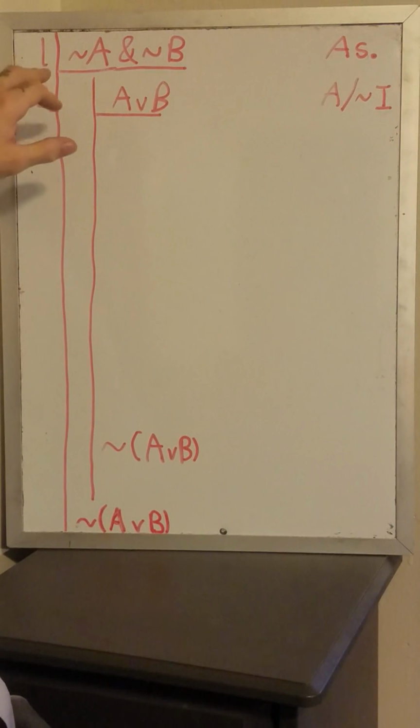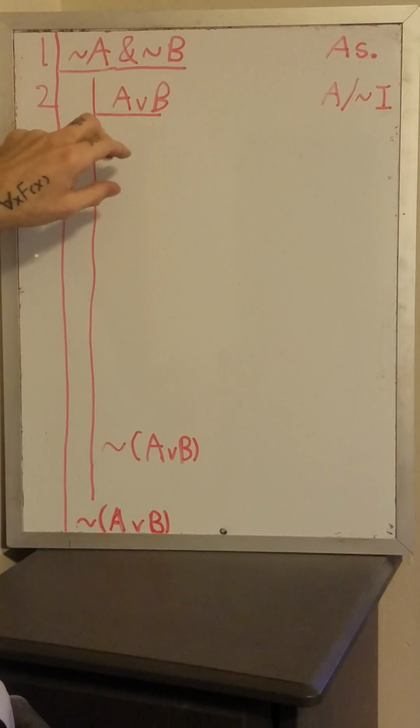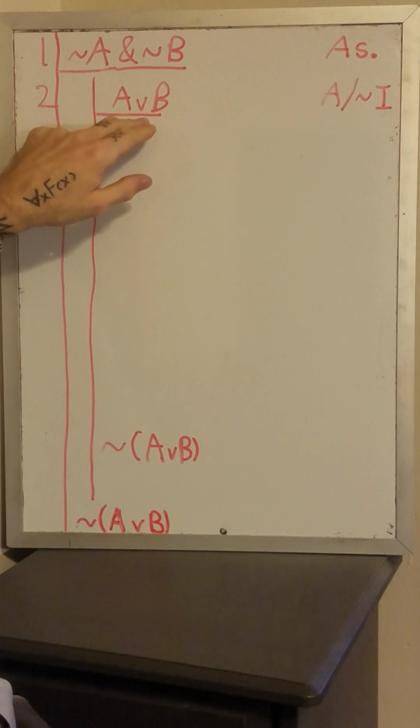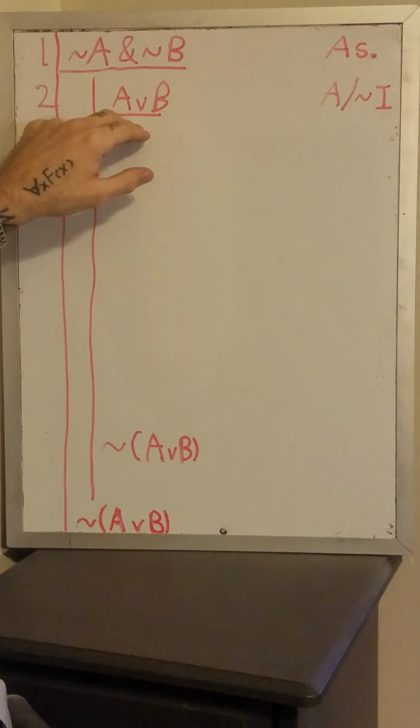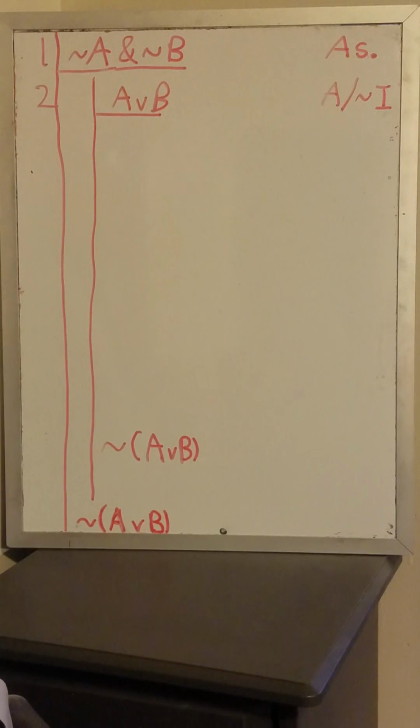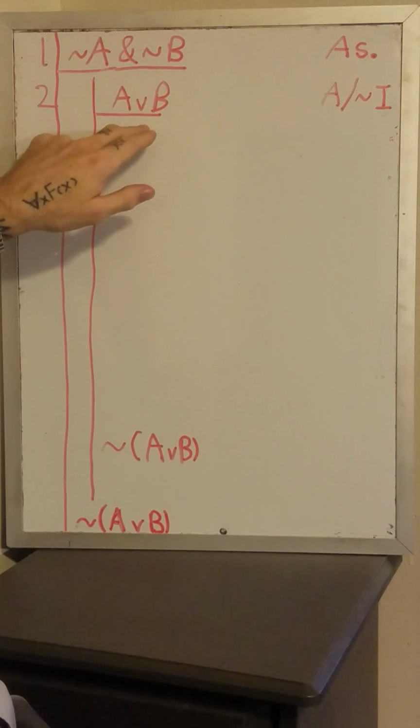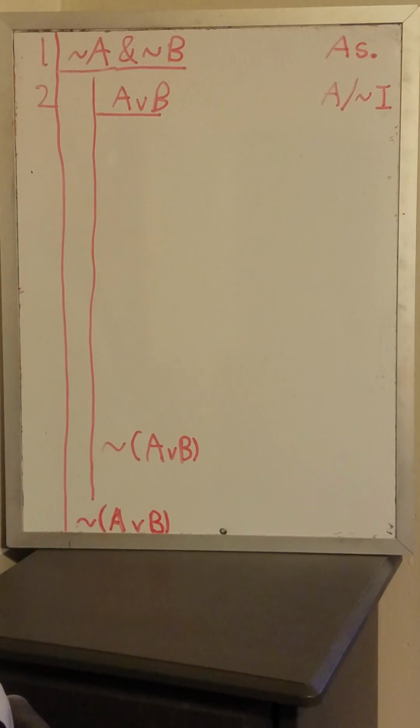Okay, so now we have this and we have that, and what we're going to do is go ahead and start nesting our subderivations. We're going to make more subderivations, and we're going to use the rule of disjunction elimination on this line.